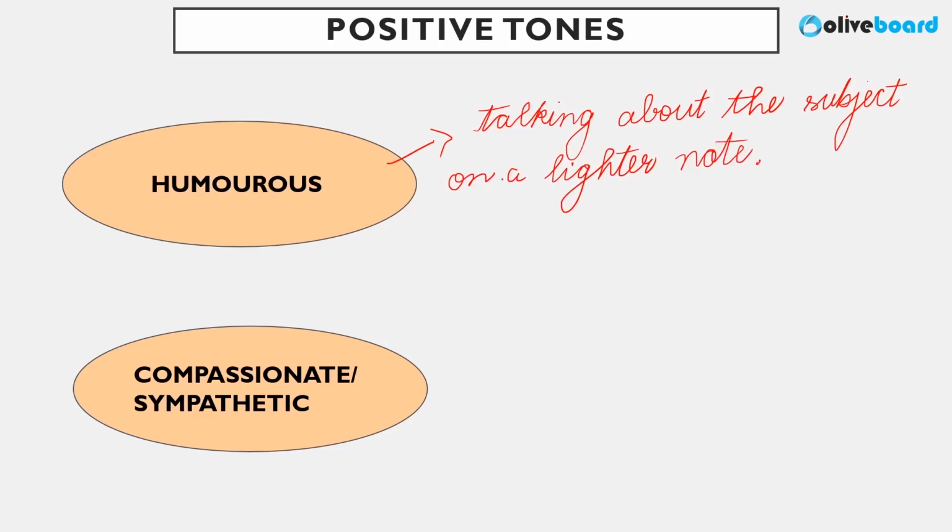When the passage is like that, it is a humorous passage. It will be witty and amusing at the same time. When we are reading humorous passages, we need to be able to spot the message the author wants to convey in a light-hearted manner. So this is not written in a serious manner.